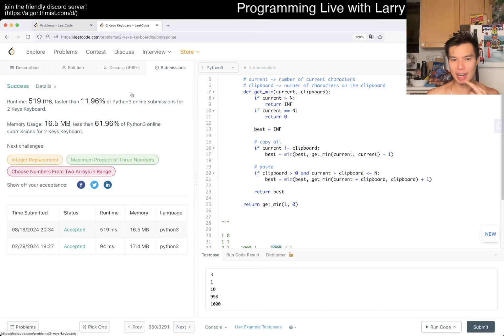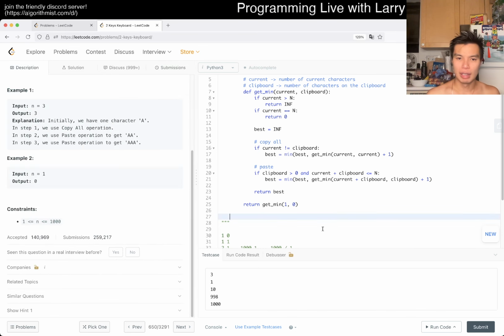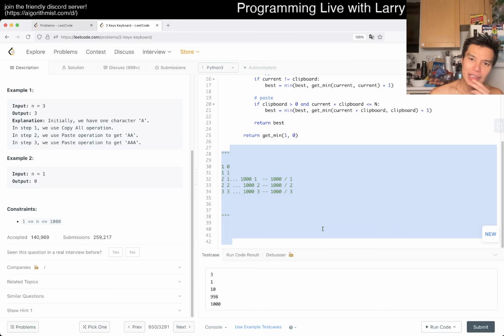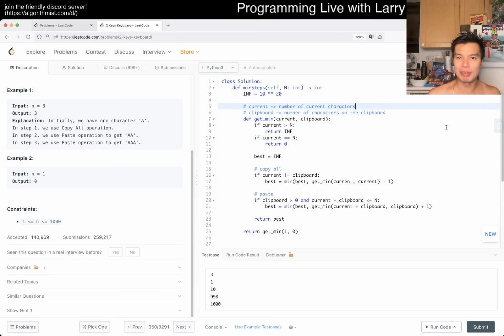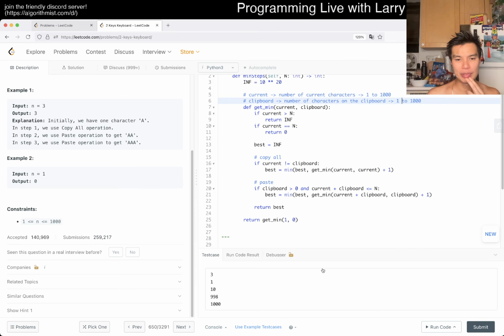Like, it's relatively fast. I guess it comes to show that even though in theory current is the number of characters, which is 0 to 1,000 or 1 to 1,000 or whatever, and this is going to be also 1 to 1,000, a lot of these states are not reachable, right? So I think that's kind of the key.